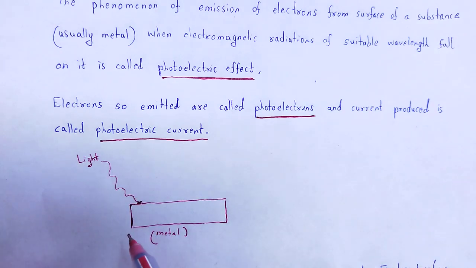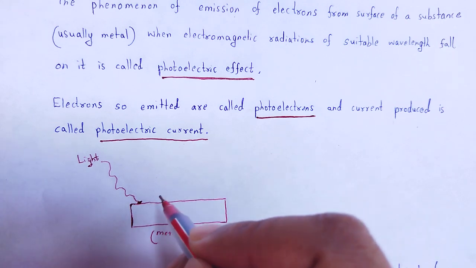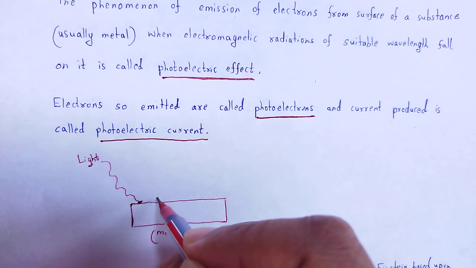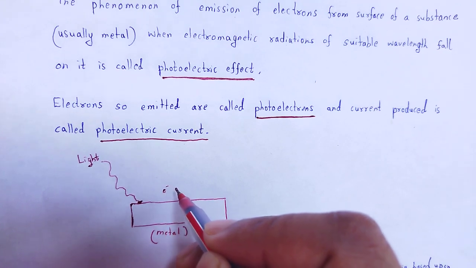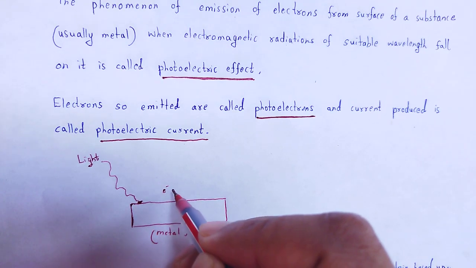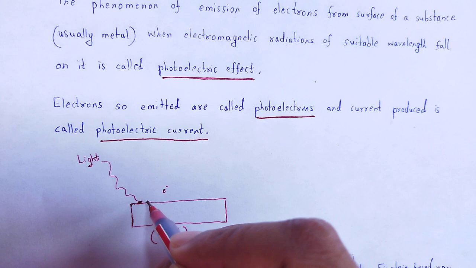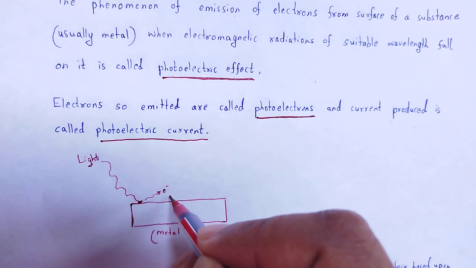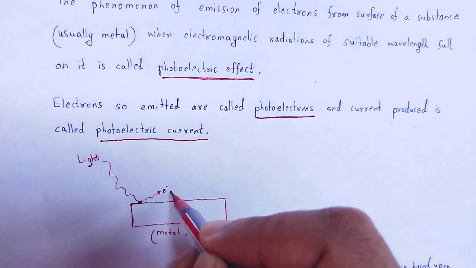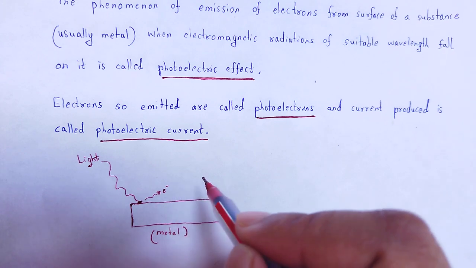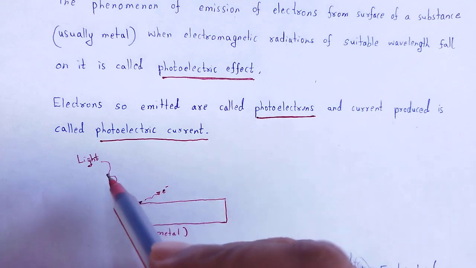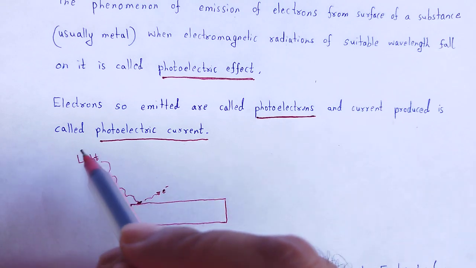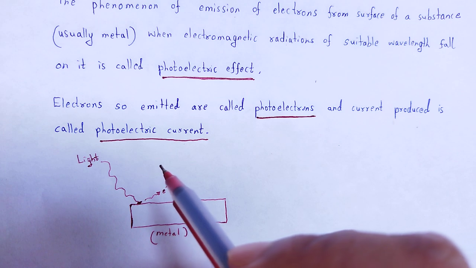When that light is incident on the metal, electrons are ejected from the metal. And the incident light is of a suitable wavelength.